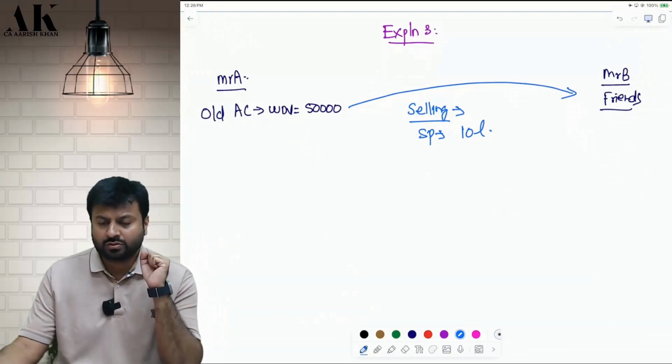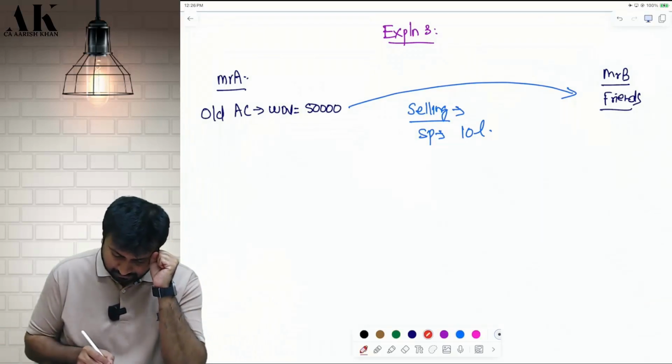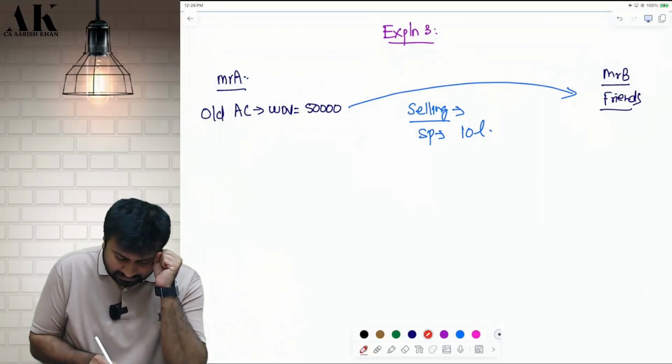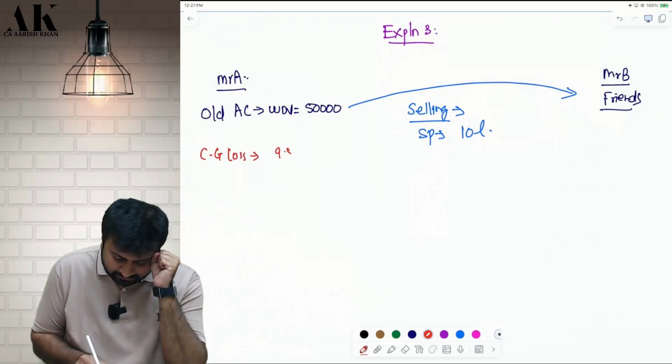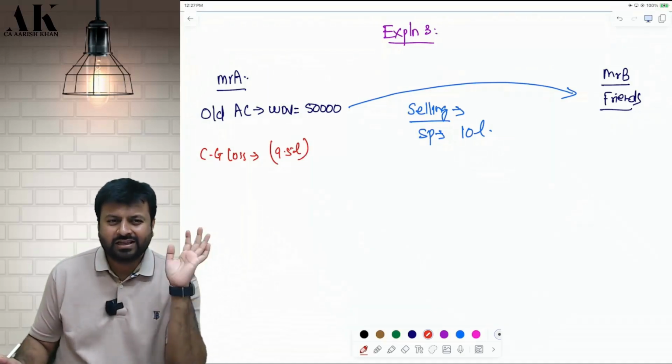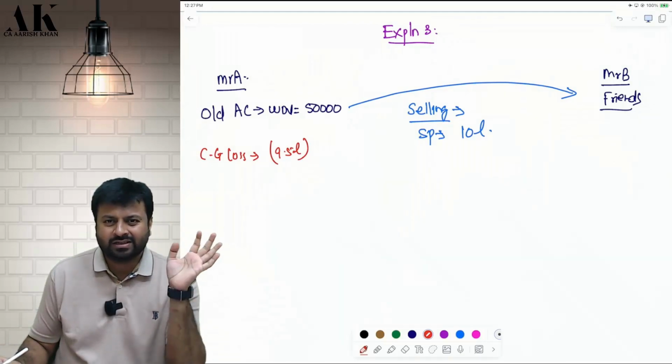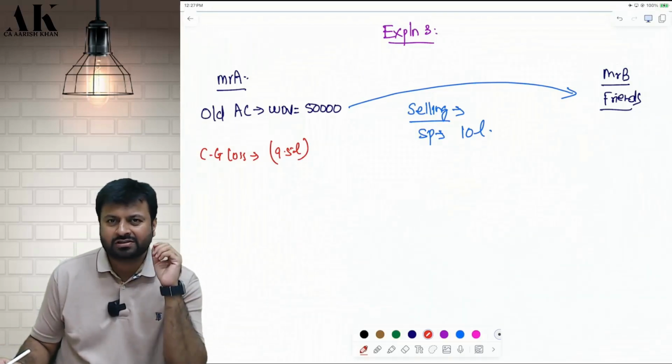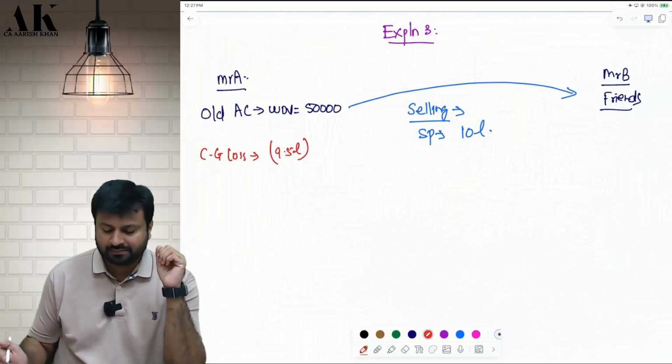Now why am I doing so? I have some capital loss of 9.5 lakh rupees with me. I incurred some loss in something, some shares or some property. Somewhere I made a loss.